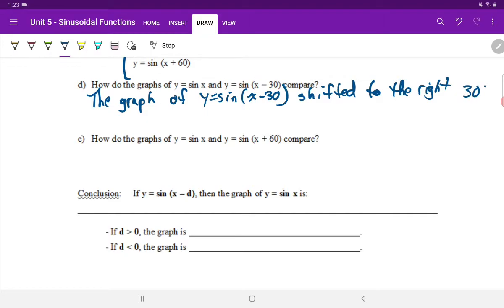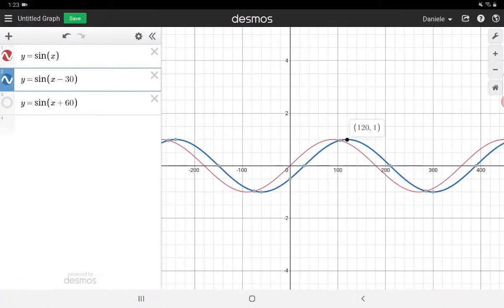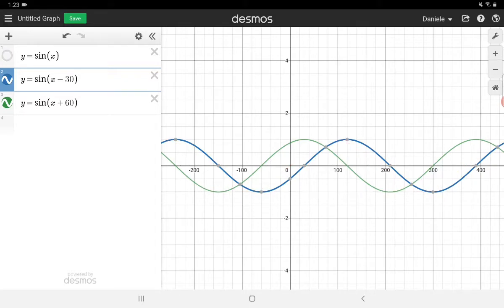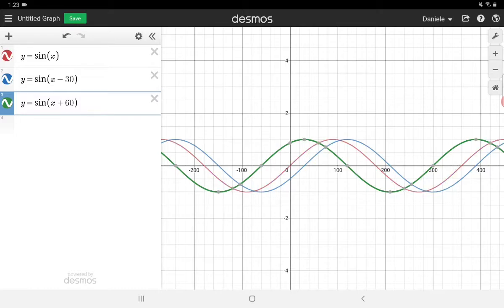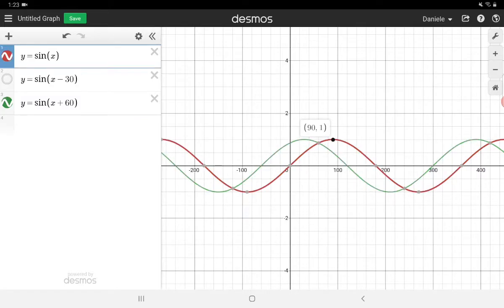Let's look at the graphs of y equals sine x and y equals sine x plus 60. So this time I'm going to unhide my green graph, hide my red graph, and now we have... sorry about that. There you go. Okay, so now this is my original y equals sine x graph, my red graph.